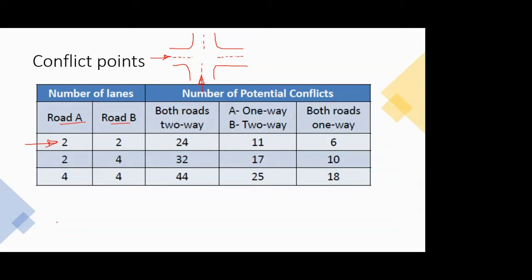Now if I go on drawing the movement, coming from this direction, my vehicle can take a turn to the left, it can go straight, or it can go right. Considering we are seeing the scenario of Indian traffic, that's why left-hand drive.